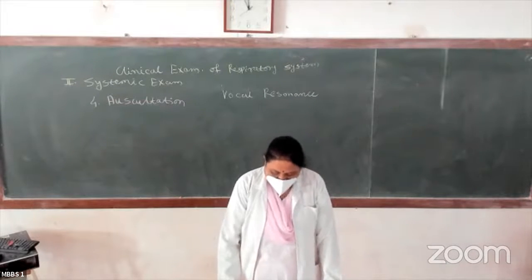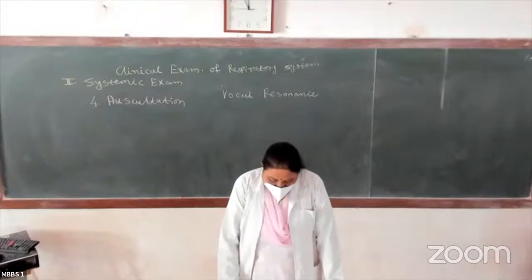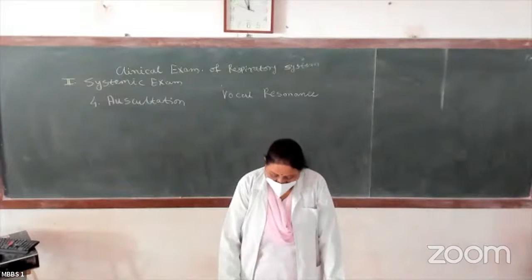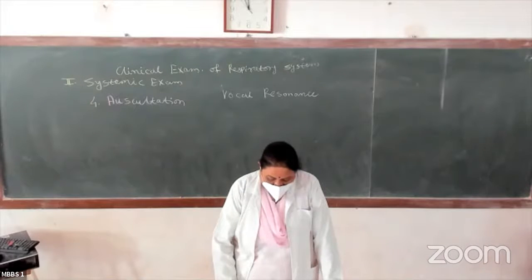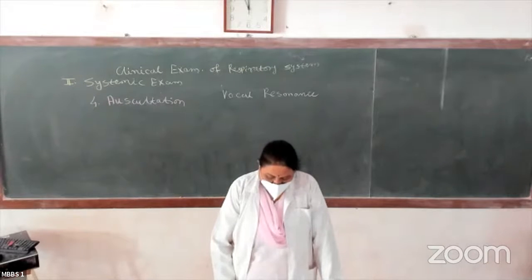For inspection: size and shape, symmetrical or asymmetrical; movement of the chest; respiratory rate per minute, count and write down your finding; rhythm, regular or irregular; type of breathing, in males abdominal-thoracic, in females thoracic-abdominal.